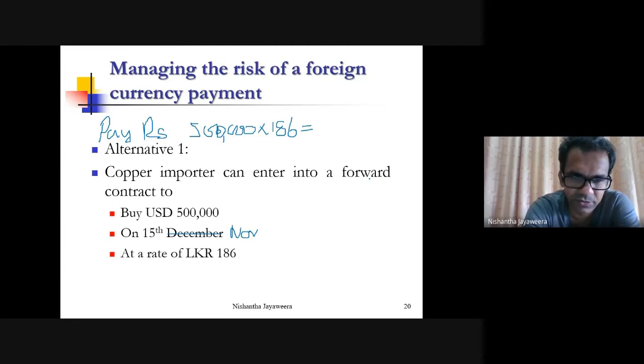However, you can avoid it by doing the opposite side. In this case, if you buy a futures contract, on 15th November you can sell the futures contract and close out your position on the futures and settle this transaction as well. So that is the alternative, how you can use a forward or a futures contract to hedge a currency payment.